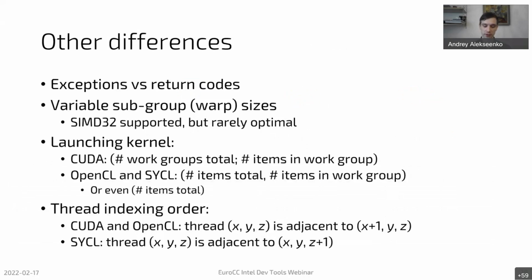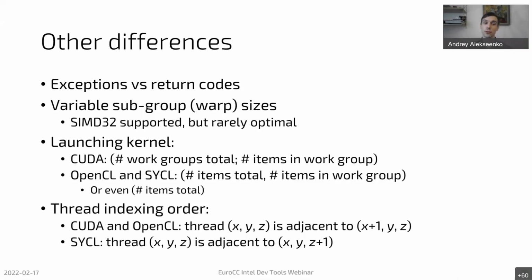Another thing to keep in mind is that SYCL throws an exception when an error happens, while CUDA and OpenCL use error codes. In SYCL and OpenCL as well, but if you're only used to CUDA, that can be an issue. You have variable subgroup sizes. You can force compilation with SIMD32, but on, say, laptop GPUs, it will usually be very slow.